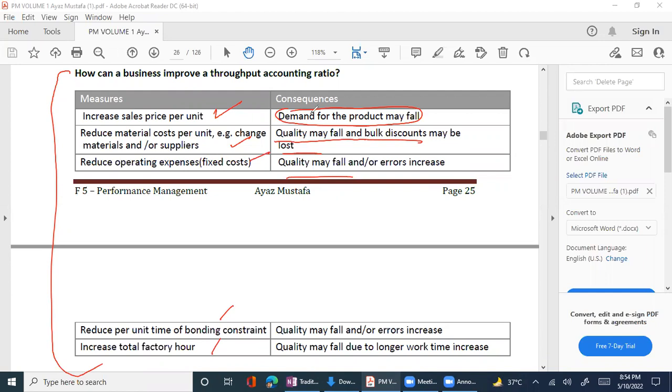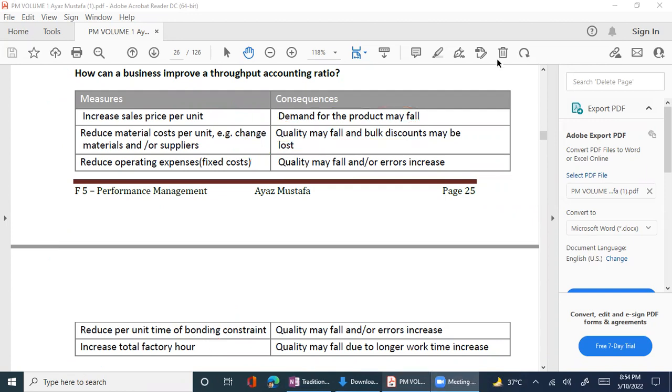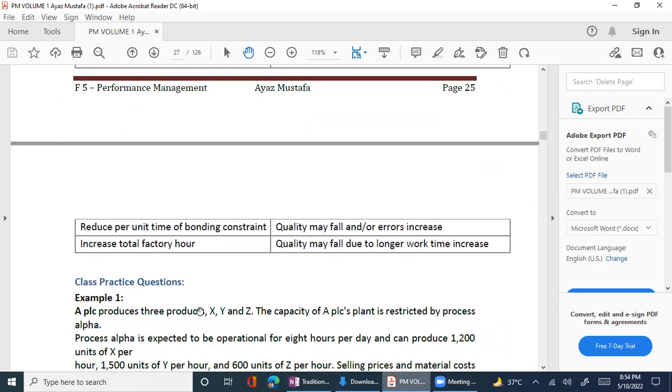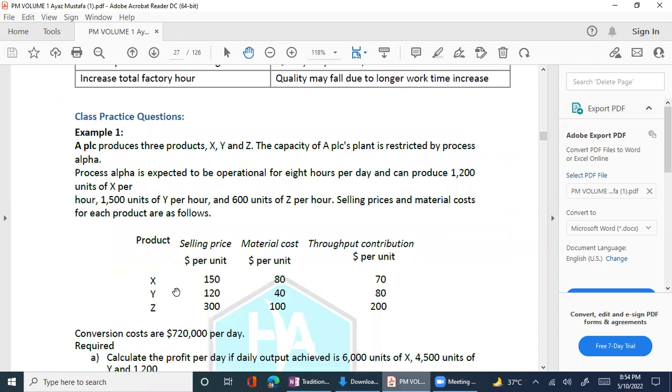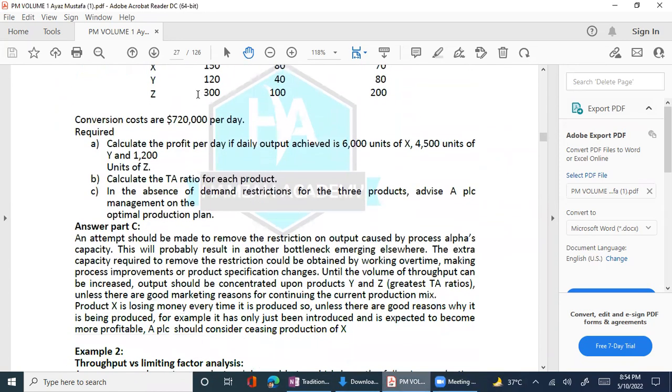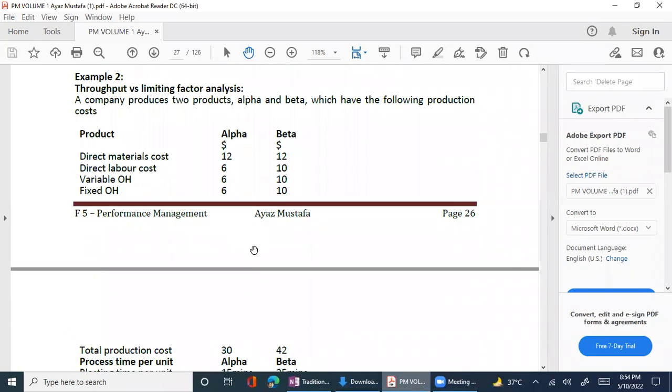Are these points clear to you? Is it clear? Please update me.